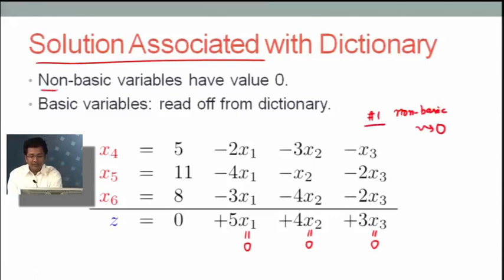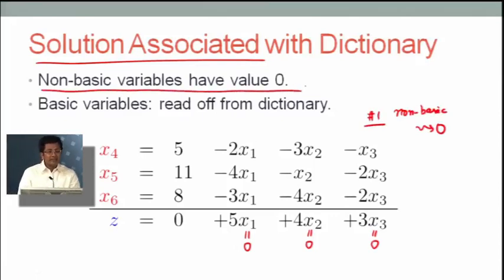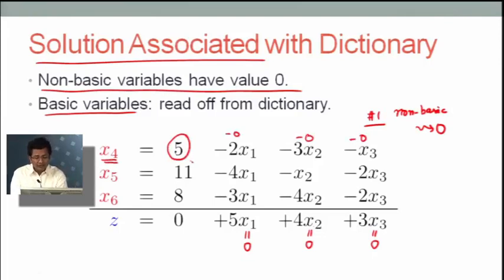Every non-basic variable automatically has the value 0. And all basic variables you have to read off from the dictionary. So if x1 is 0, x2 is 0, x3 is 0, x4 is 5 minus 0, minus 0, minus 0. So x4 is 5. Okay, x5 is 11, and x6 is 8.